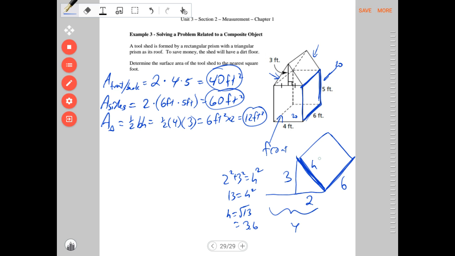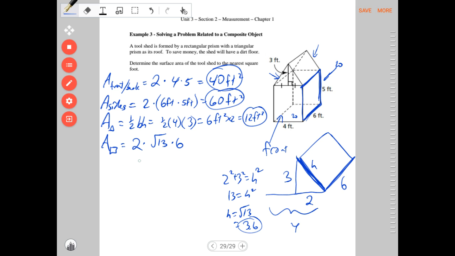So we have 2 rectangles, so area of the rectangles of the roof is, we have 2 of them again, so I might as well put the 2 in, I forgot that with the triangle. So 2 of those rectangles, and the one side is root 13, and the other side is 6. The reason I put the root 13 up there is then I don't have to worry about the ANS button for the 3.6.